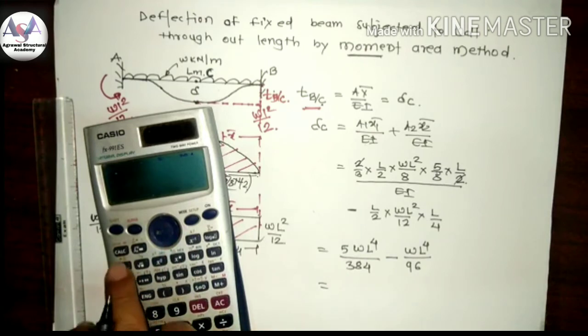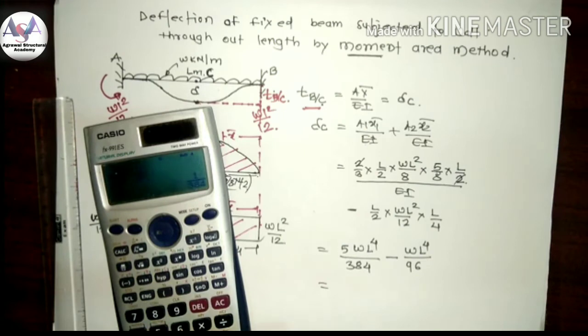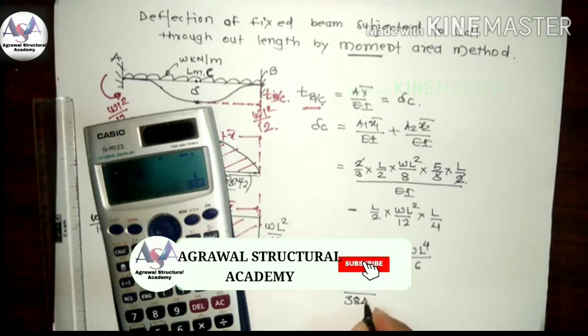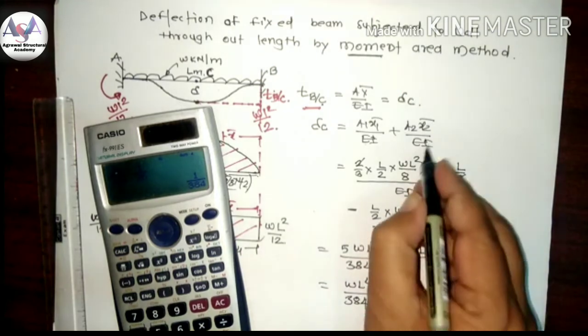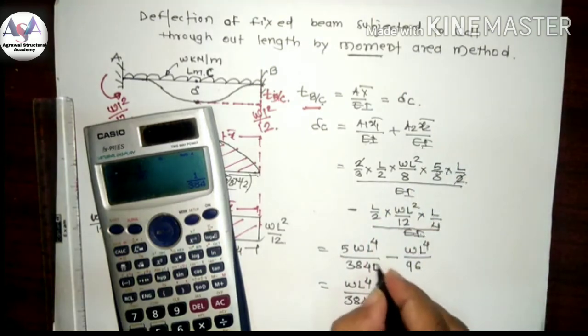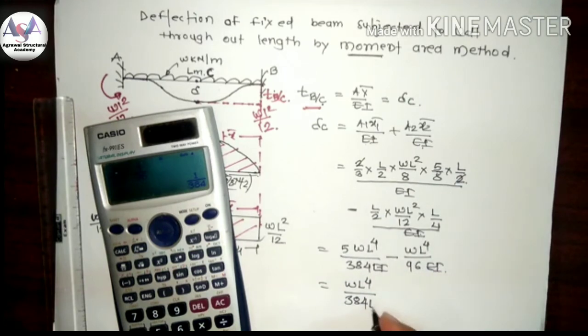So this becomes WL raised to power 4 divided by 384. Here also the total is divided by EI, because EI is present in each term.